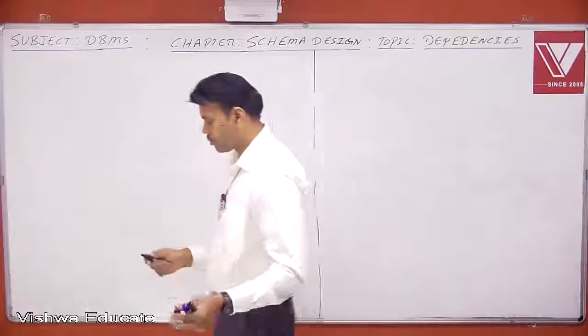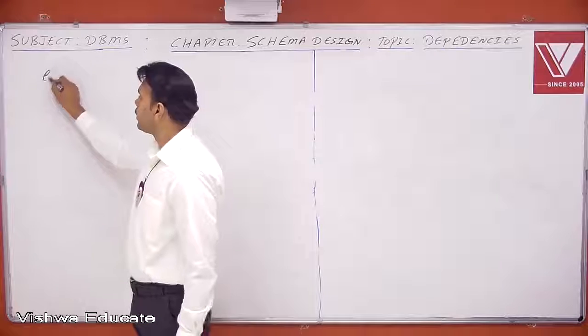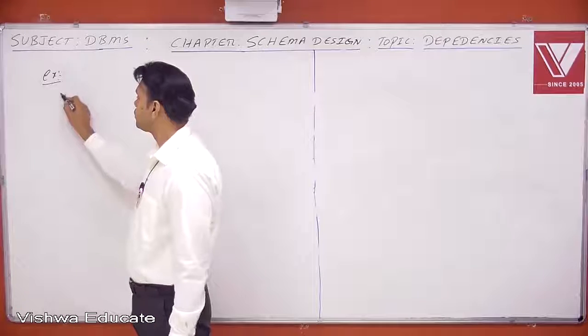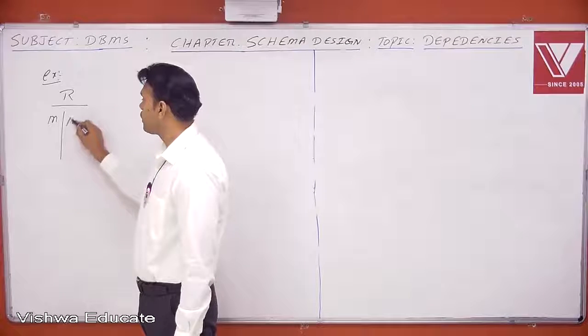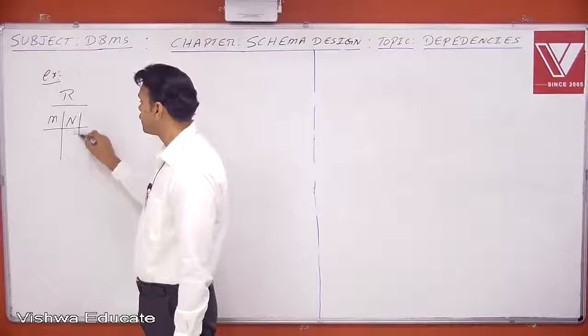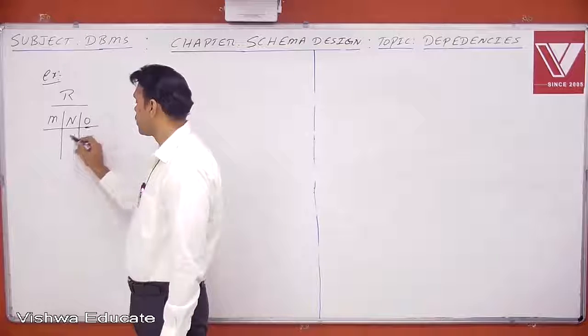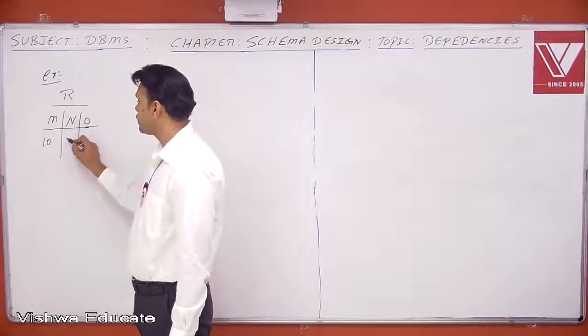Now let us see another example. I am saying R is given as M, N, O and data is given like this.